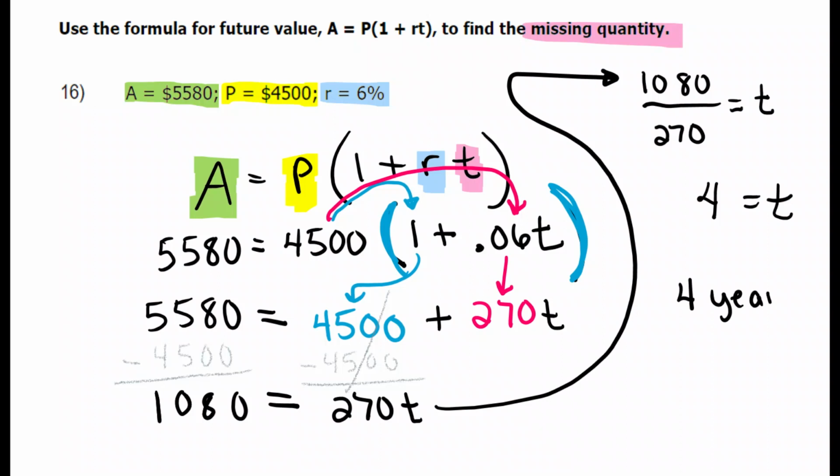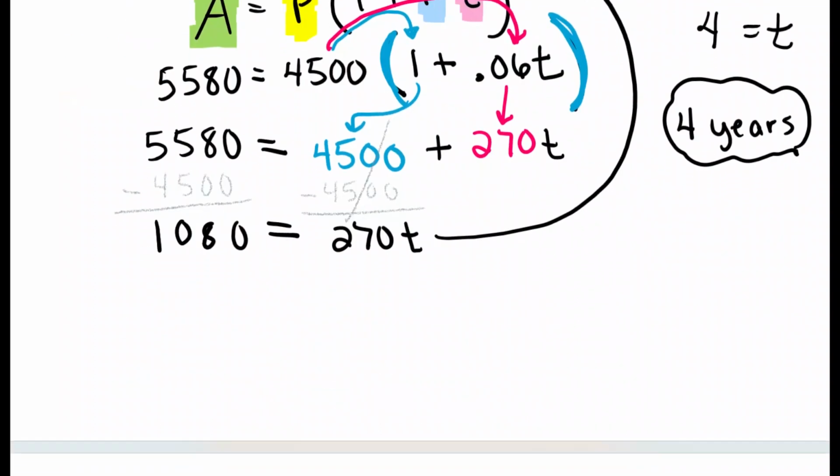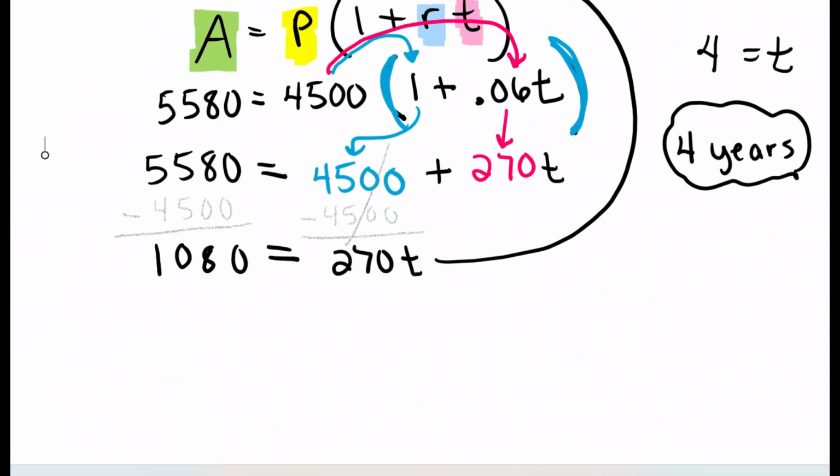And since T is time, my final answer should be 4 years. It would take 4 years for the 4,500 to grow to 5,580 at 6%. And this is just simple interest, so they just calculate it one time. And that's those two questions.